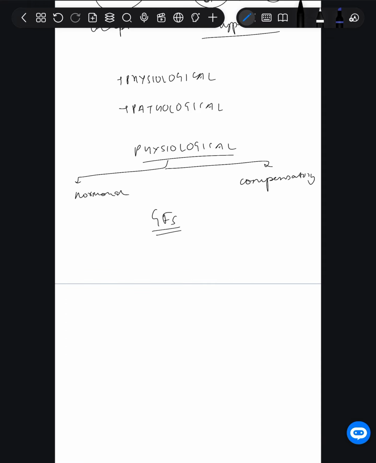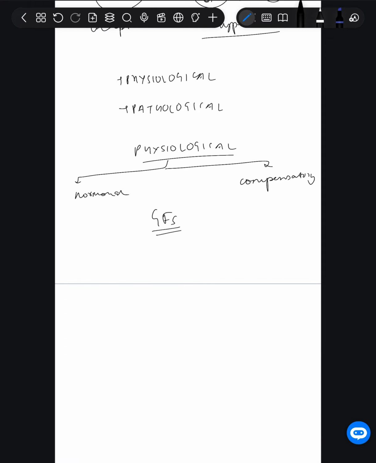So first we have hormones. The first example, which we all know, is the female breast. It increases in size during pregnancy, during puberty, during lactation. The second example is the pregnant uterus.